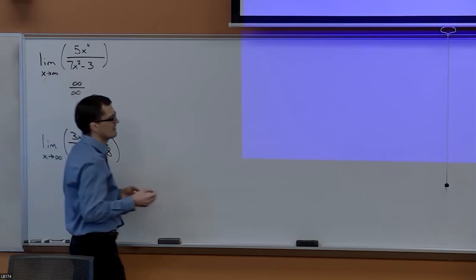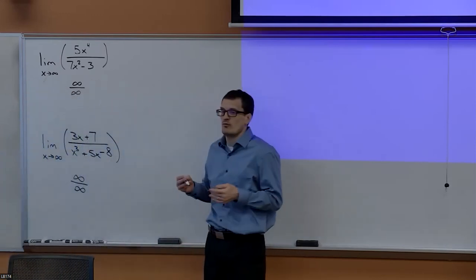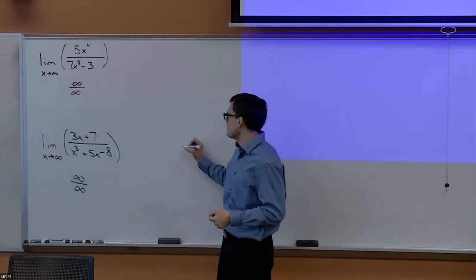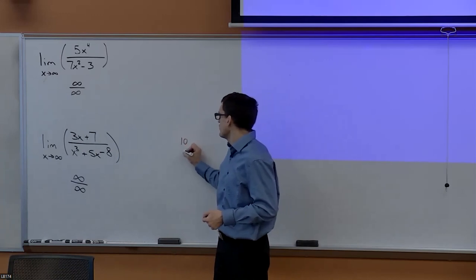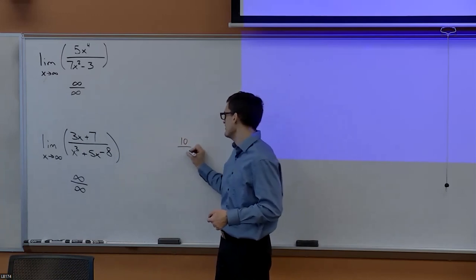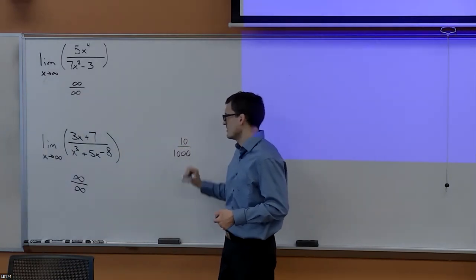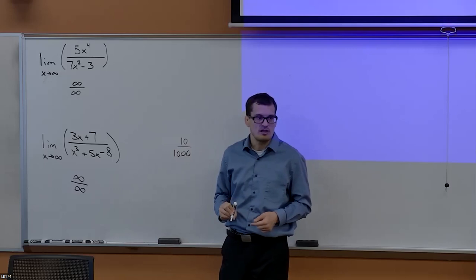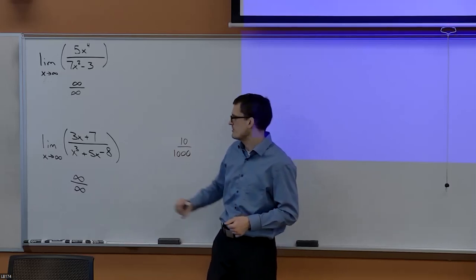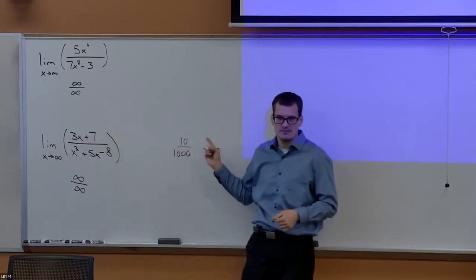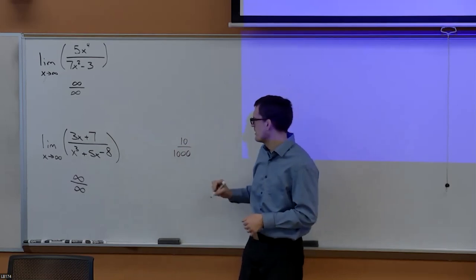And if you want to get insight into why that happens, just plug in 10. You're going to get 3 times 10 plus 7 over 10 to the 3rd, which is 1,000. And then when you plug in, I'm just taking x to the 1st. You can multiply that by 3 and add 7.